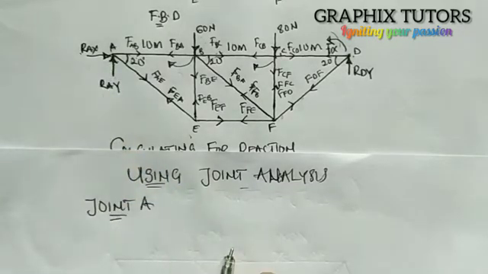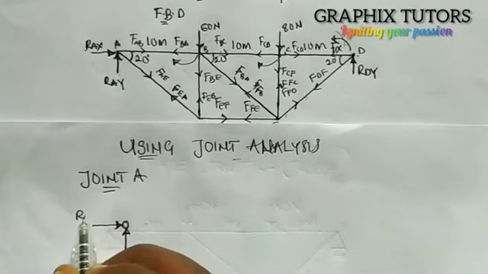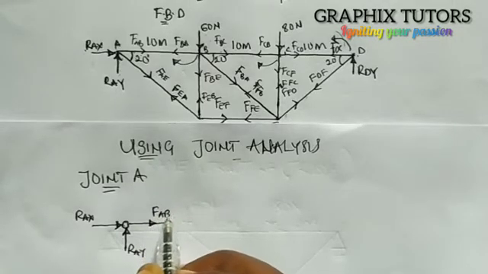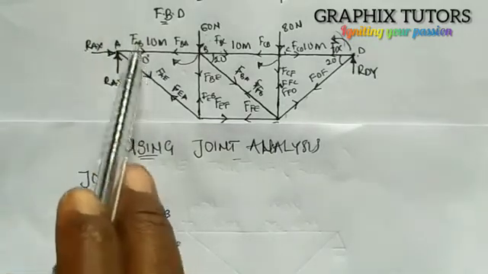If I draw that, I have arrow AX, I also have arrow AY, and I have this coming this way, FAB, and this coming this way, FAE. So I'm just considering only this joint and drawing the members associated with it.